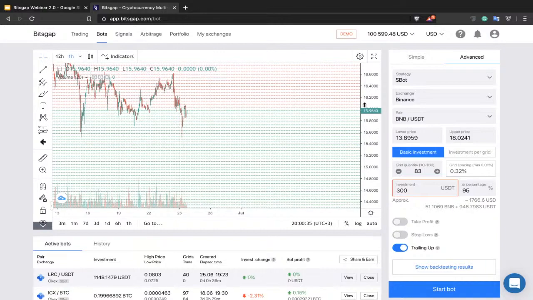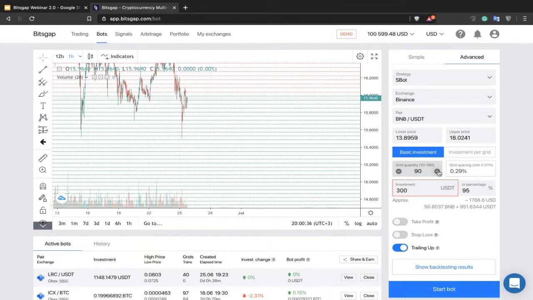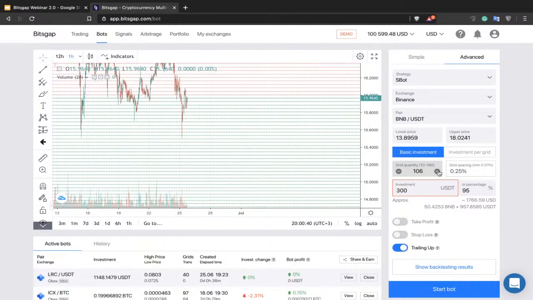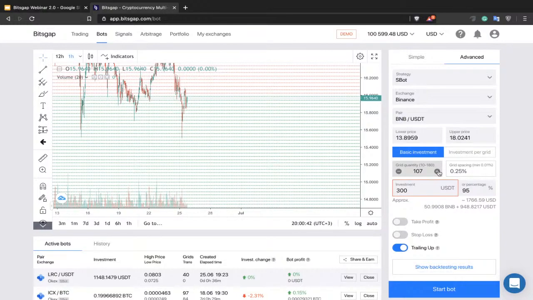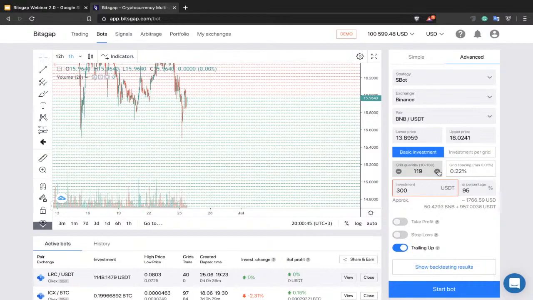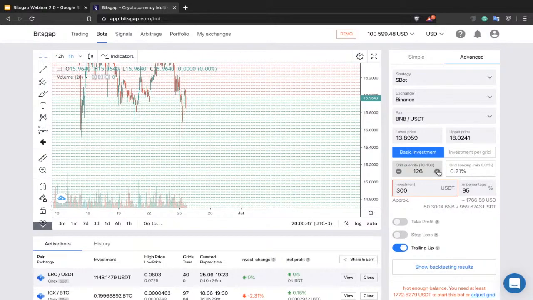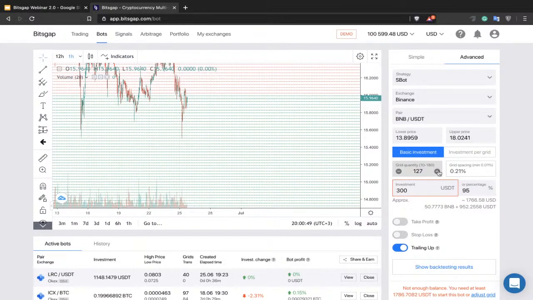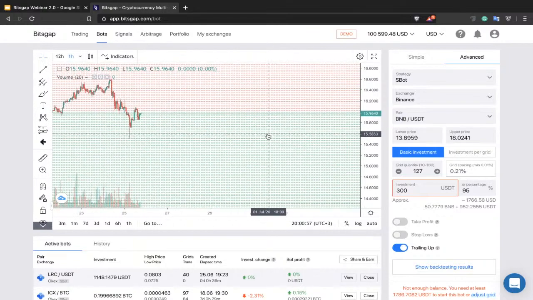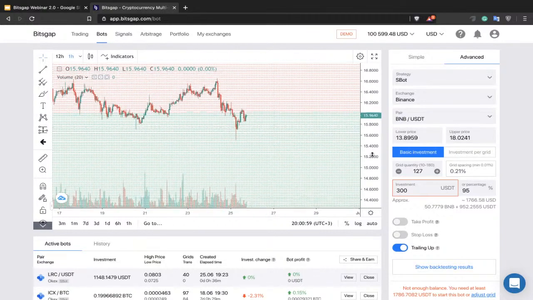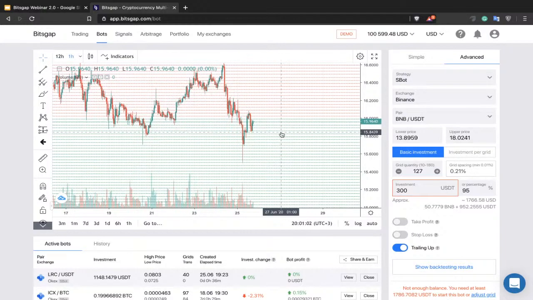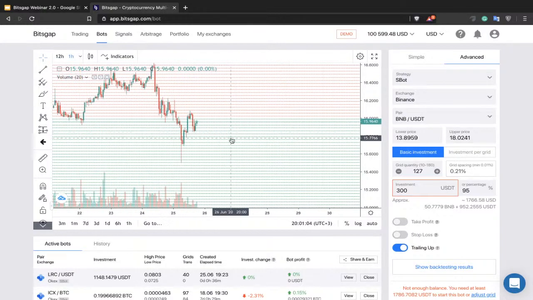So that means that you can now capture these fractionated market price actions, and logically, the more grid levels you have and the narrower your spacing between these grid levels, the more trade opportunities you provide for the bot to make profits for you.